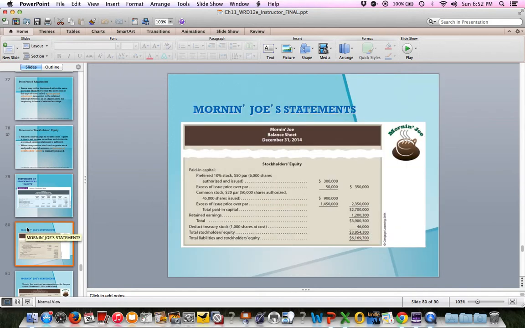So our sample company in the book is called Morning Joe, and they're just going to show us some sample information from Morning Joe here. And we've got their equity section where they have the preferred stock first, the excess over par for preferreds, their commons, excess over par for commons, so total paid in capital, plus retained earnings, minus treasury stock, gives me total equity.